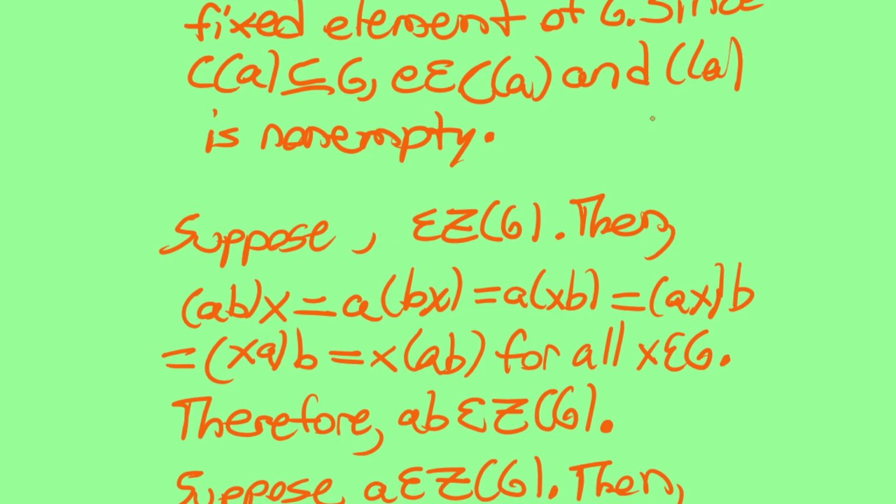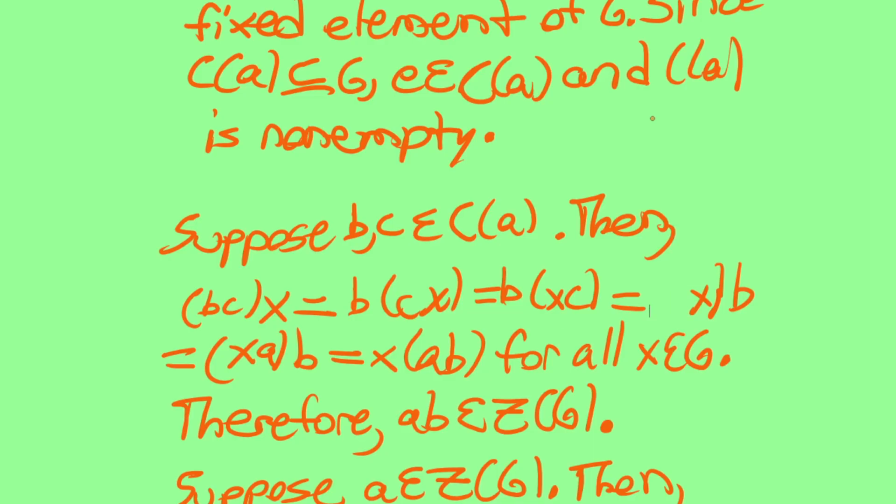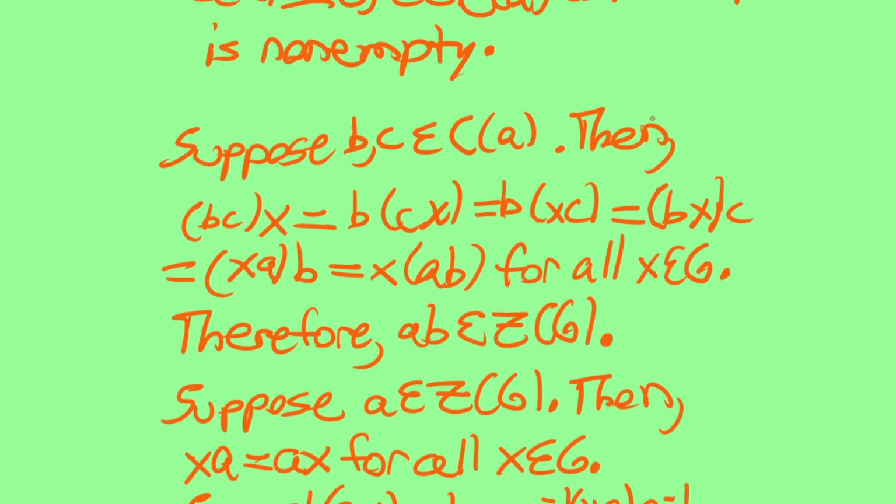So what we are going to change is, since our centralizer is defined by an element A, we won't use the element A. Instead, we use the elements B and C. This will be our centralizer. And this will be BC for all x.